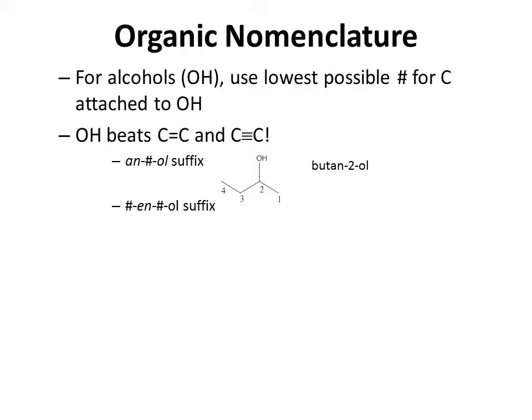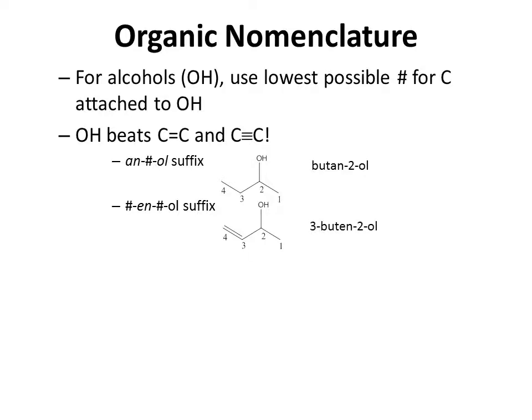So in our example, again we number from right to left because we want the OH to have a lower number than that for C=C, if that's possible, and it is in this case.